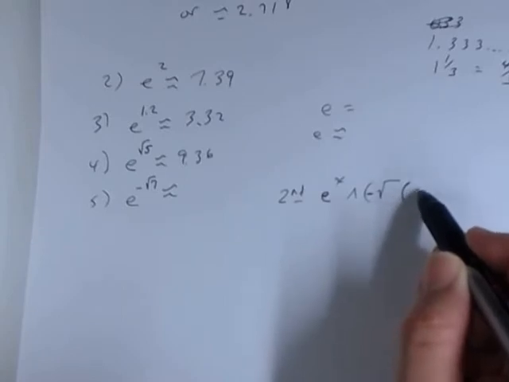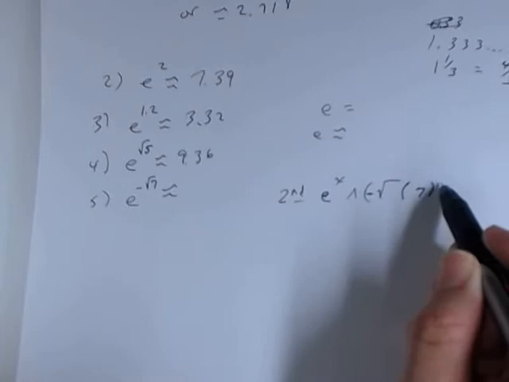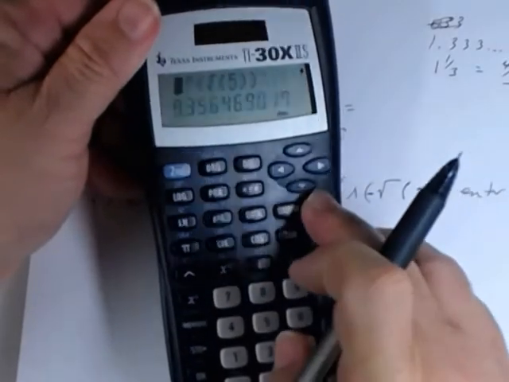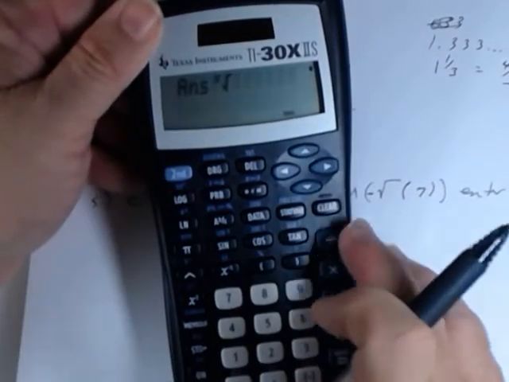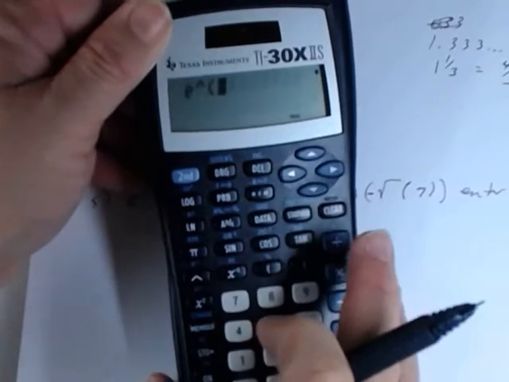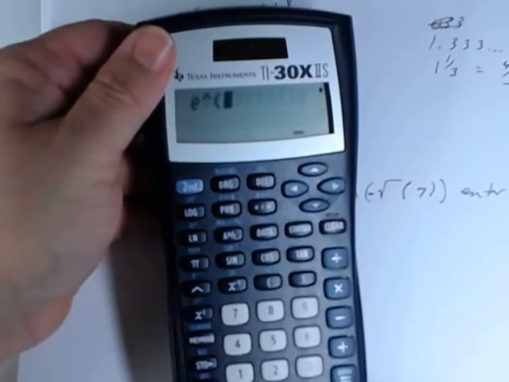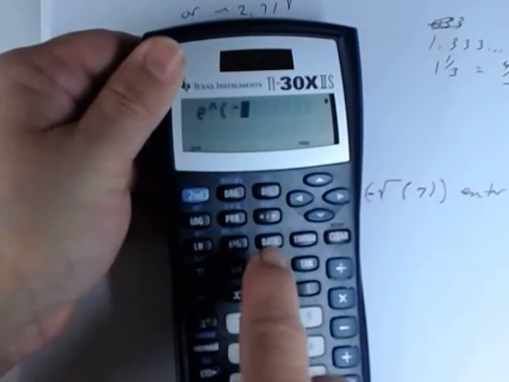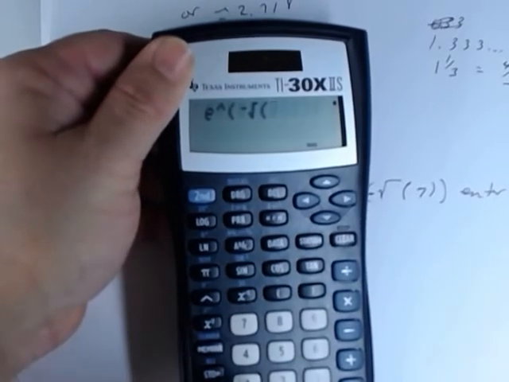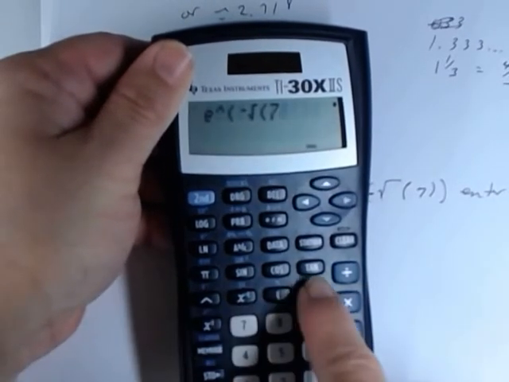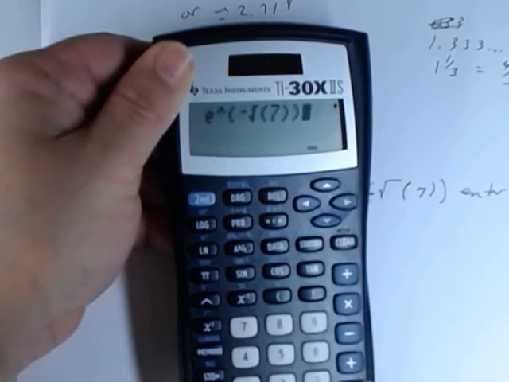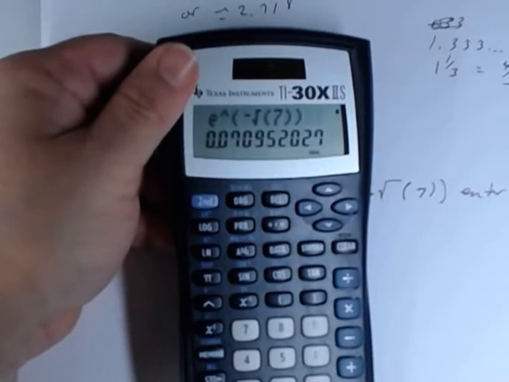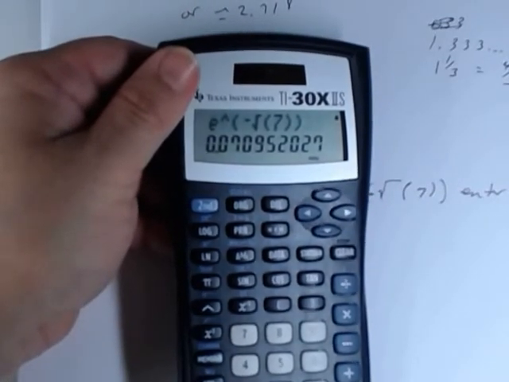Then close, close, and then enter. So you're going to say second, then the negative, negative square root. Second again with the square root. 7. Close, close, and then press equal. So 0.07, is that right? Yes or no? Yes. All right.